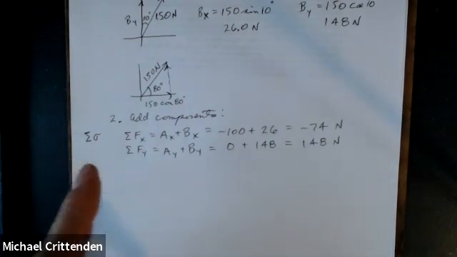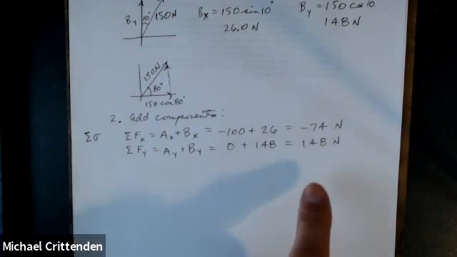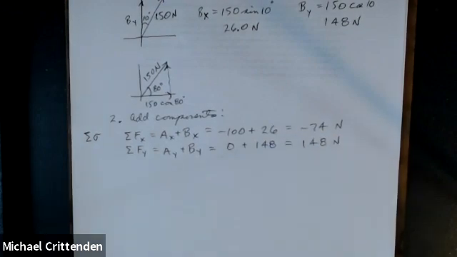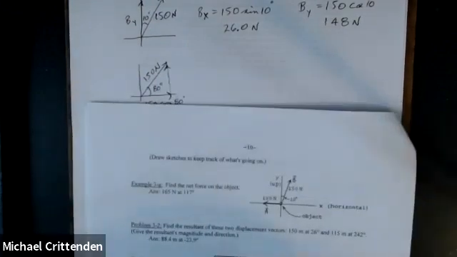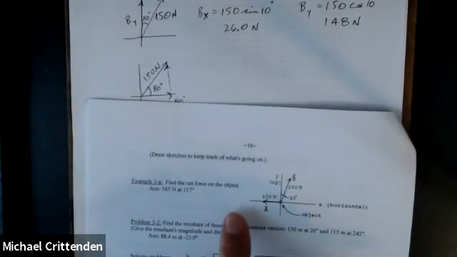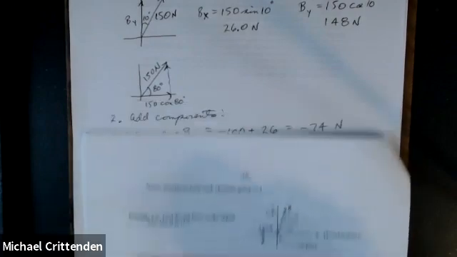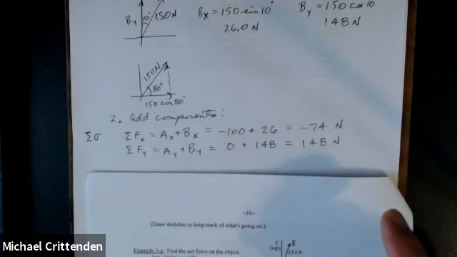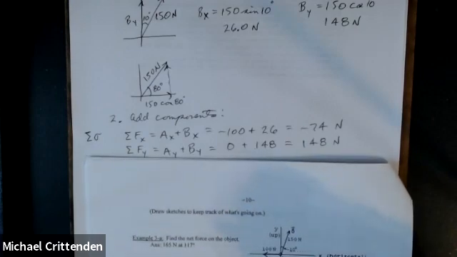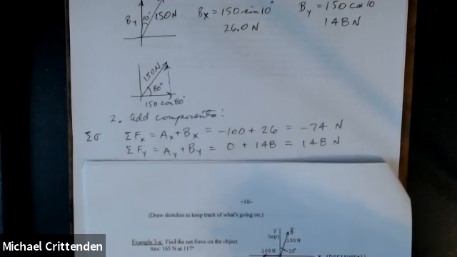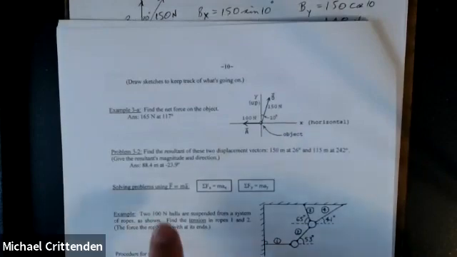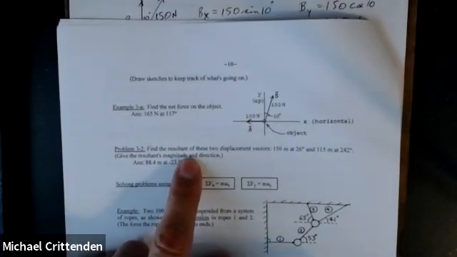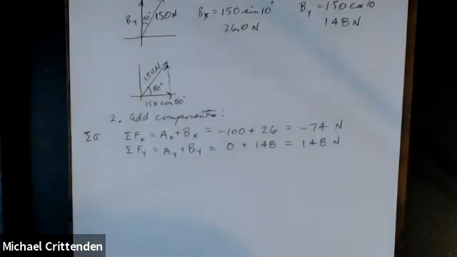So if the question just simply said, find the resultant, and you could say x is this and y is that, well, that's the way this question is phrased. Find the net force. Phrased just exactly like that, you could stop at this point, and I'd have to consider that to be one version of the correct answer. But if the question was phrased a little differently, like this one I'm going to have you work on in a moment, find the magnitude and direction, well, then in that case, there would be one more step.